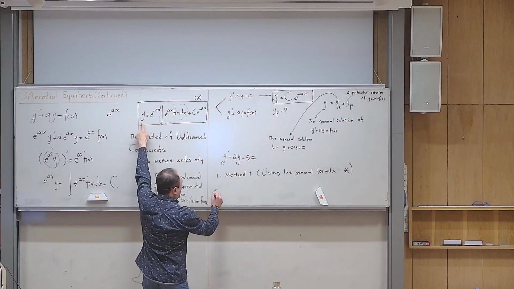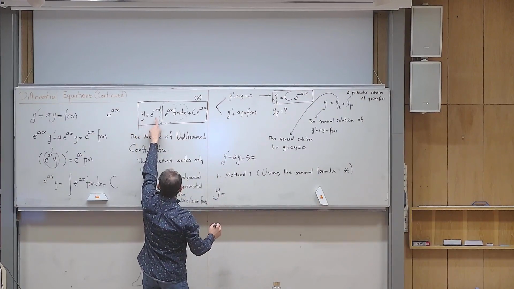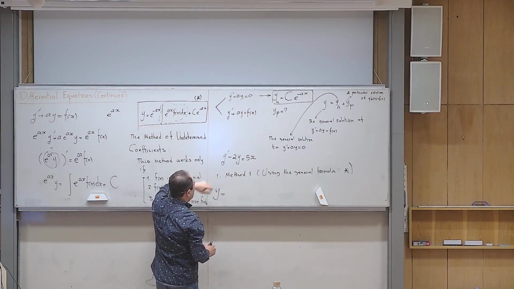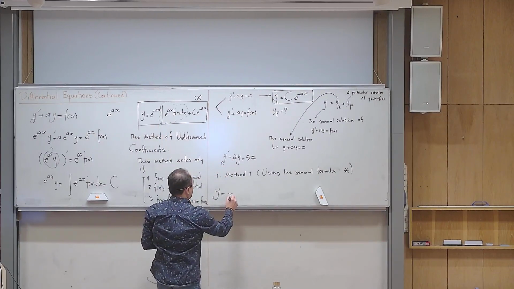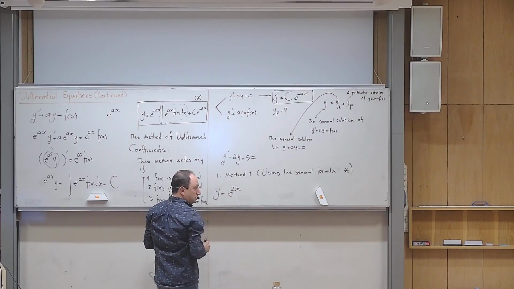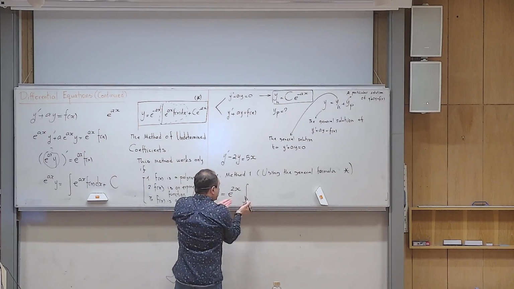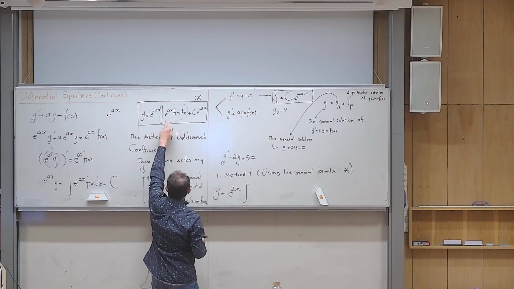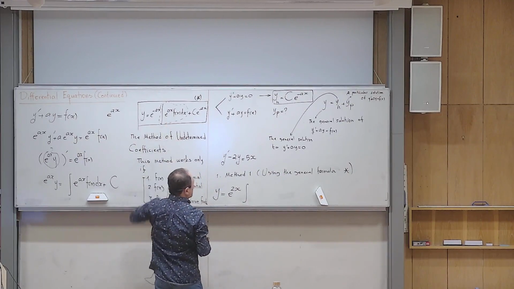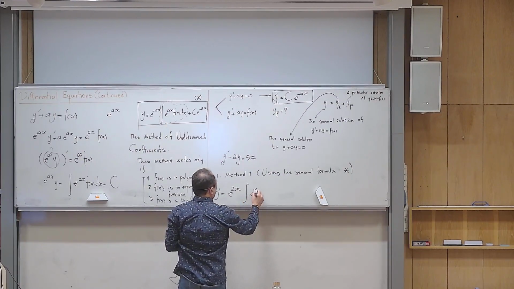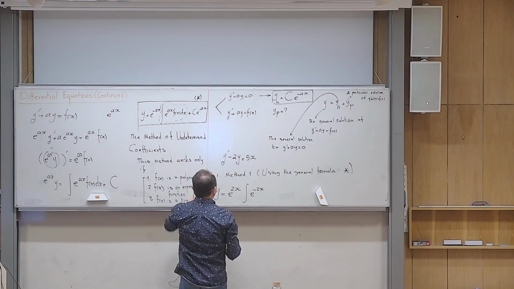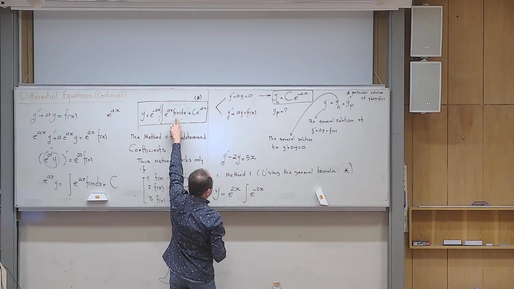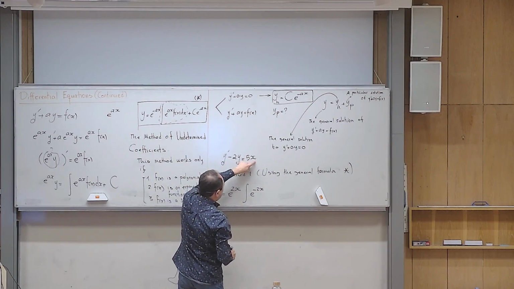So I would write y is equal to e to the power of minus ax. A is minus 2, so minus ax becomes e to the power of 2x. Then I have an integral. Integral here means a primitive function of e to the power of ax, which is e to the power of minus 2x, multiplied by f of x, which is 5x.